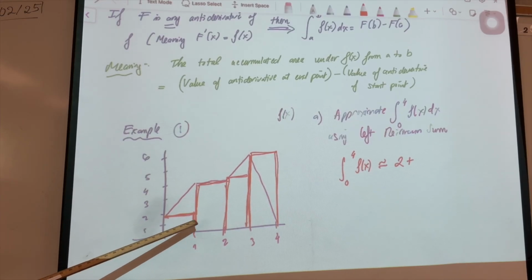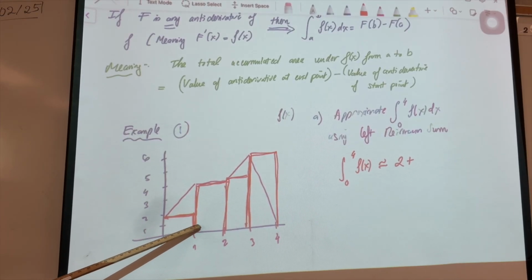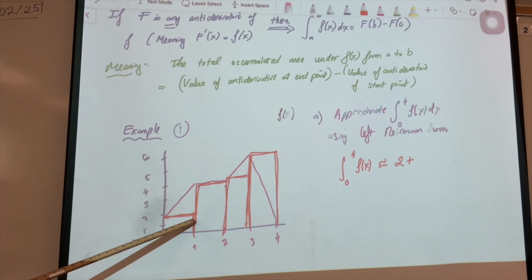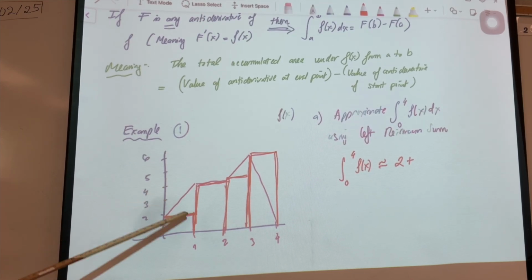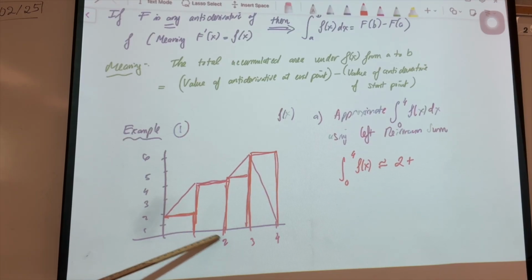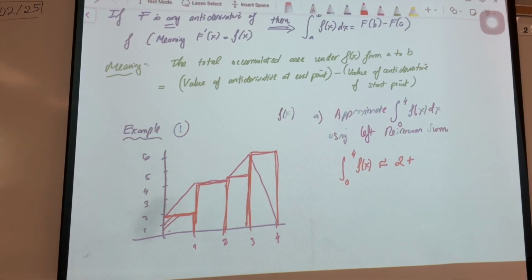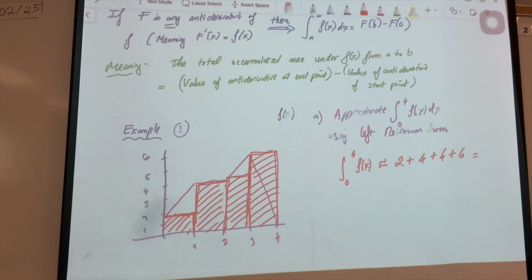Second box? 8. It's 4 times 2. From 1 to 2, this area, this area, this area. I agree. Thank you. So then it equals 16.